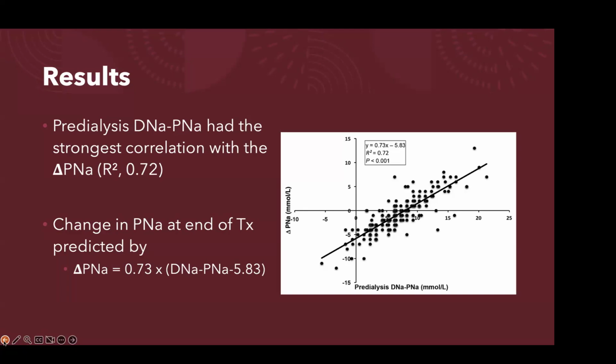If you end up with these patients being hypernatremic at the end of the treatment, very often you'll exacerbate their potassium redistribution as they pull fluid out of the intracellular compartment. It drags potassium with it, and you can end up with a much higher serum potassium at the next dialysis session.